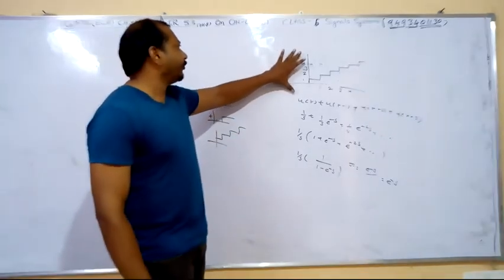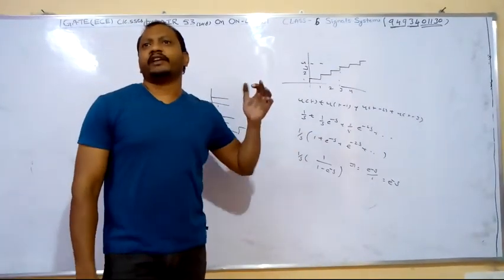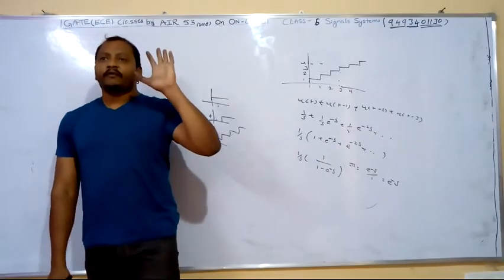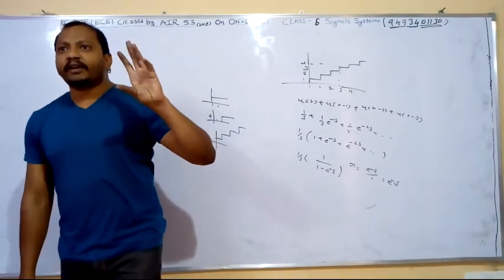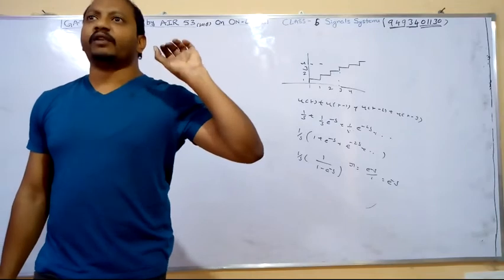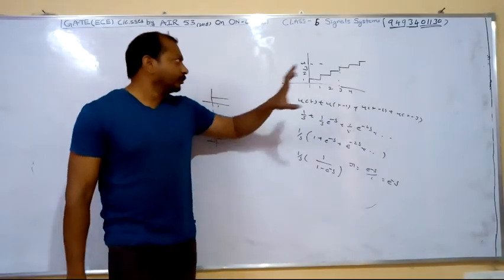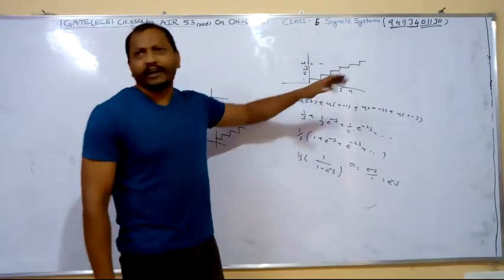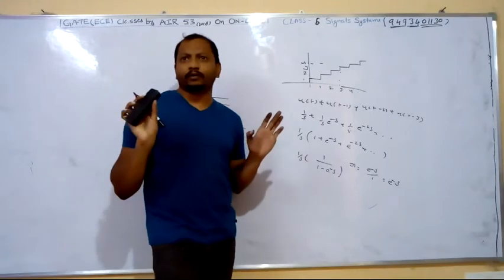If you see this type of continuous, very lengthy signals in the Laplace transform, verify that it is a summation of delayed, shifted versions of some signal. We have to identify that signal, that is f of t. Don't think differently, even if the question looks big.